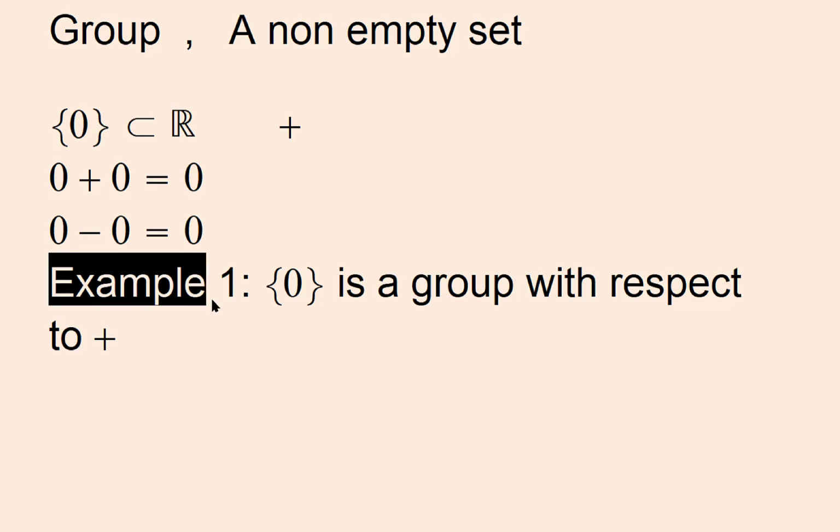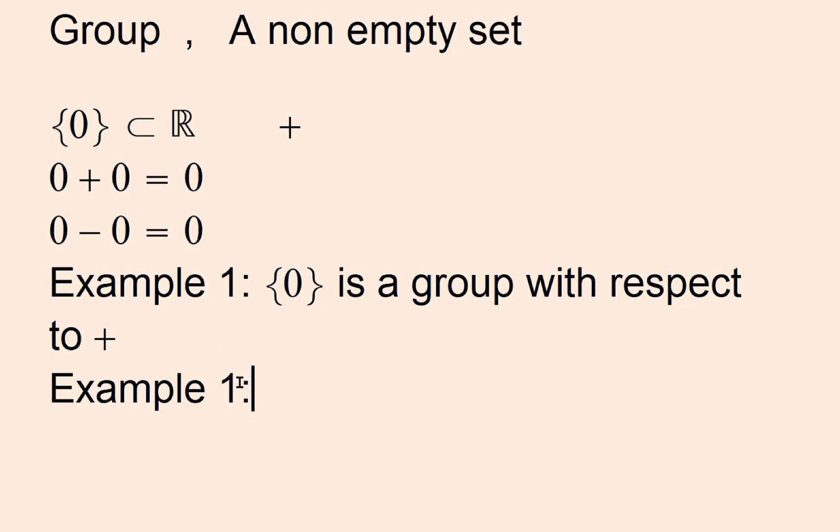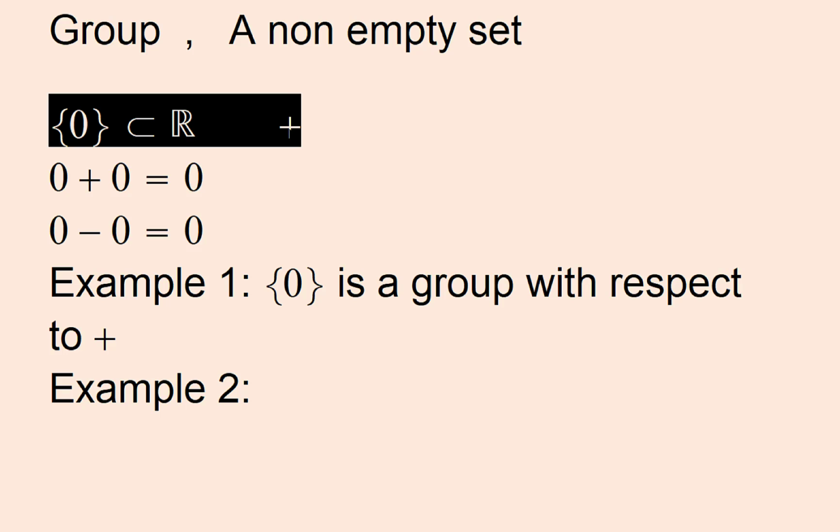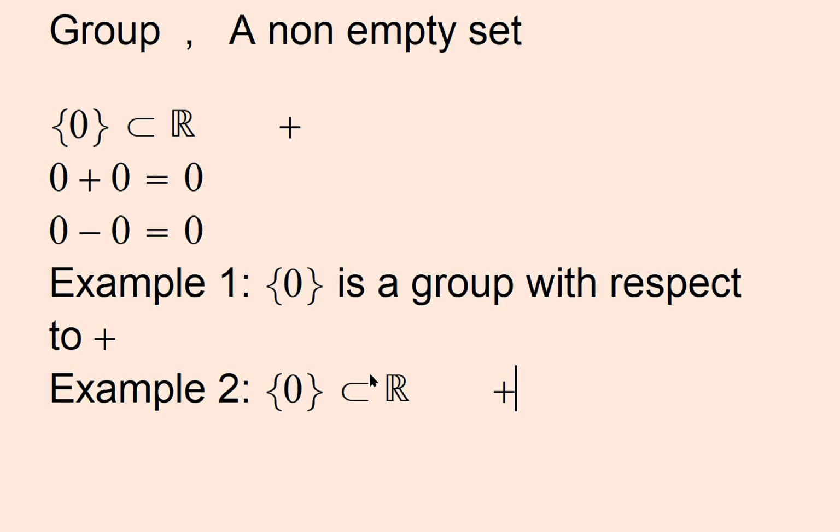Now for example 2, let's look at the same situation, and instead of 0, let's take 1. So I'm taking this subset 1. Now notice that plus is associative, but if we add 1 with 1, we get a 2, and 2 is not in there.